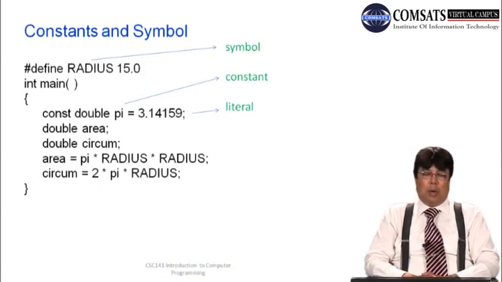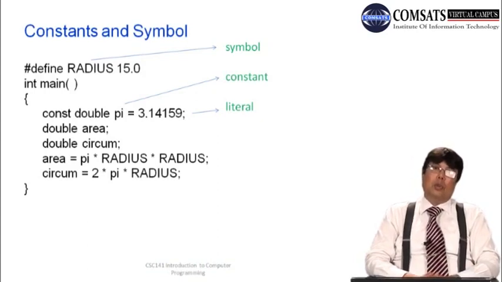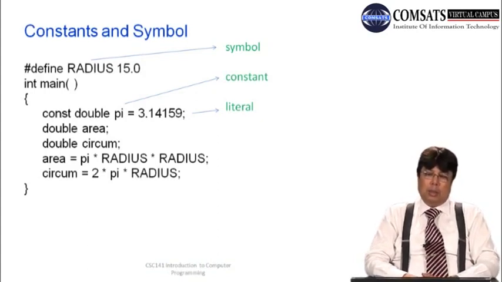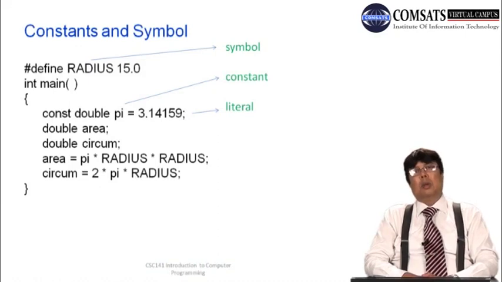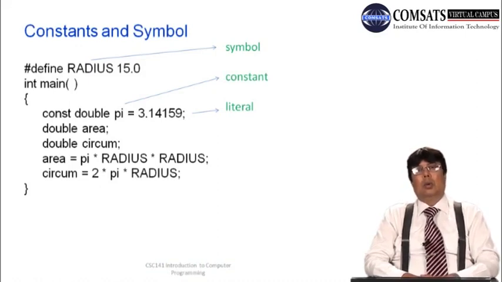Now what will happen in the program? Wherever we have used a symbol or a constant, the preprocessor will replace the symbol with its value. So wherever radius is written, the preprocessor will write 15.0 in its place, and wherever pi is written, it will replace it with 3.14159. So if the preprocessor is going to replace it anyway, why are we using it?